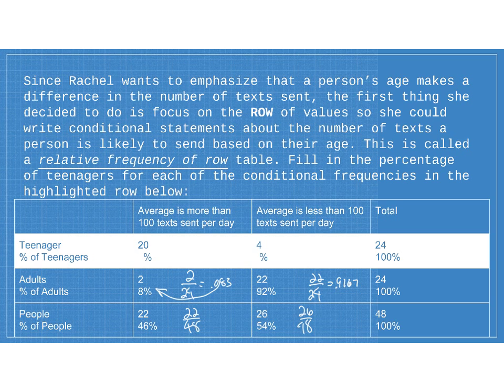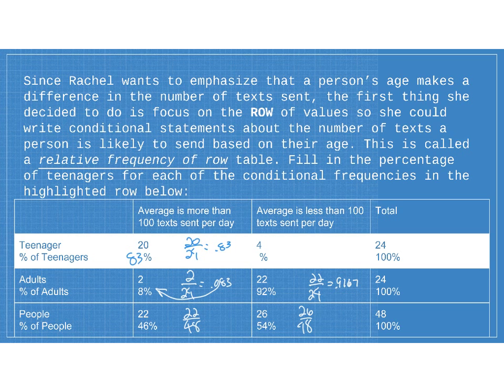And so hopefully, for the percent of teenagers who send more than 100 texts per day, you had 20 over 24, which is 0.833, and so we'll put that at 83%.